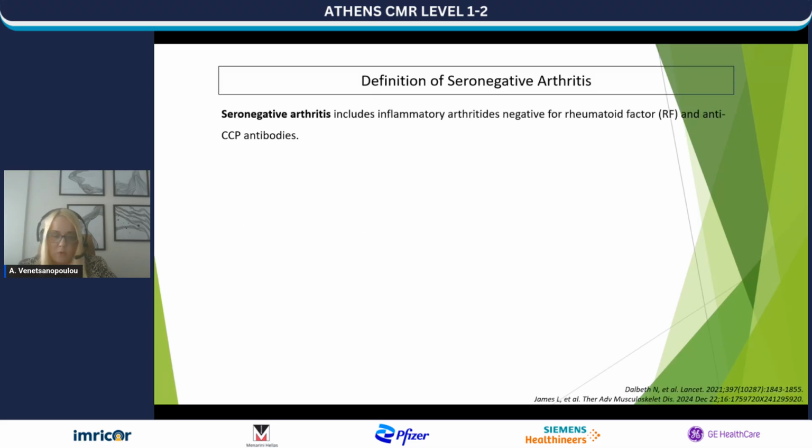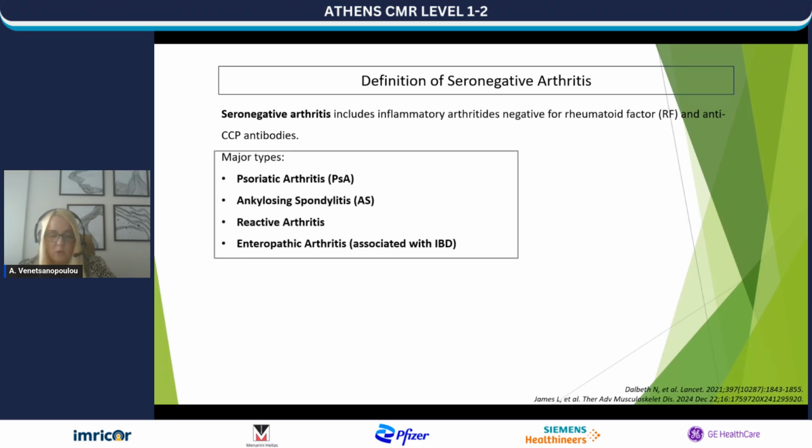When we talk about seronegative arthritis, we refer to a group of inflammatory joint diseases that are negative for rheumatoid factor and anti-CCP antibodies. The major types include psoriatic arthritis, ankylosing spondylitis, reactive arthritis, and enteropathic arthritis.